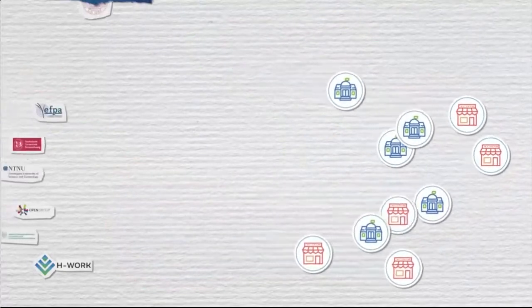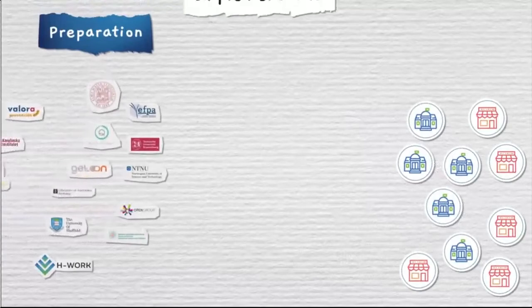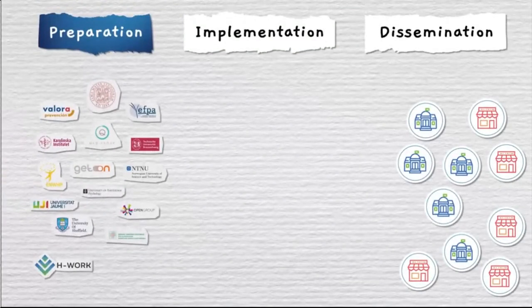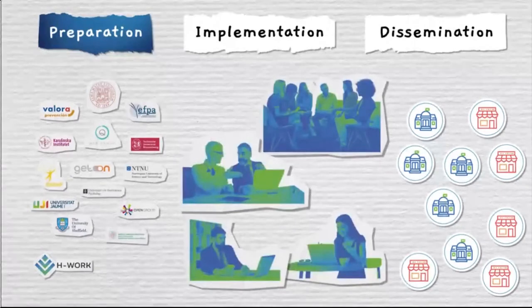The project is divided into 3 phases: preparation, implementation, dissemination. First, managers, representatives, and employees report their needs and exchange perspectives on work demands and resources through a structured assessment method.